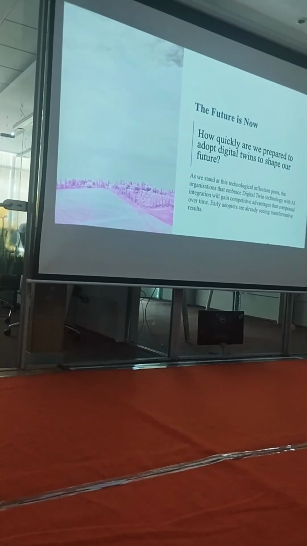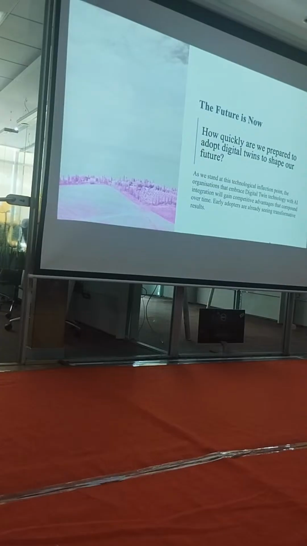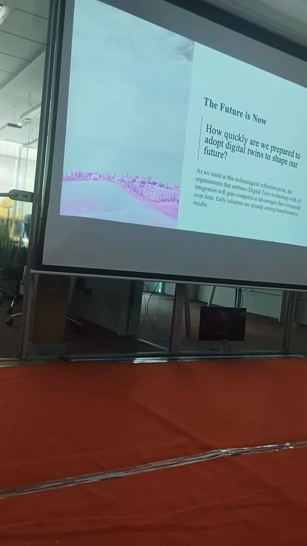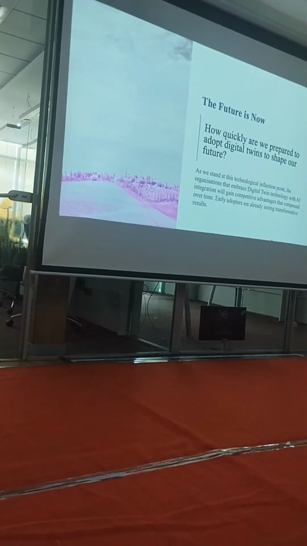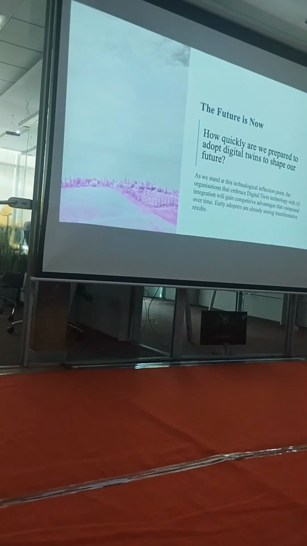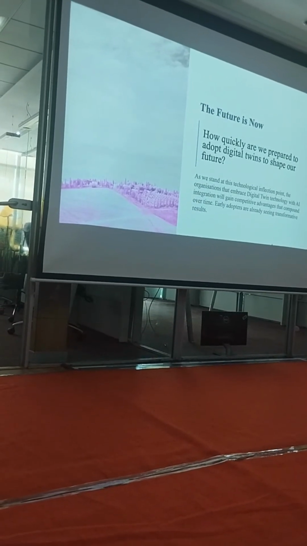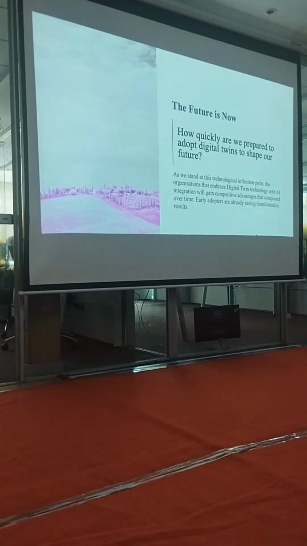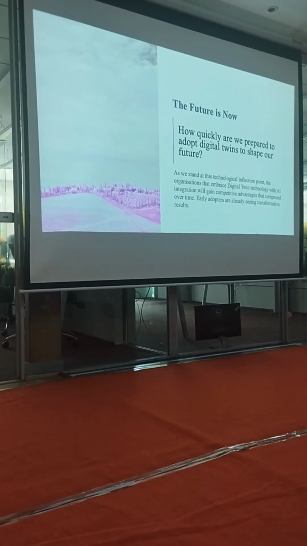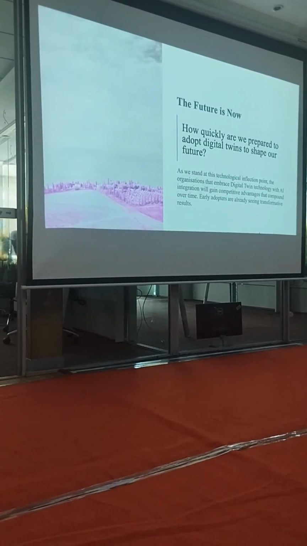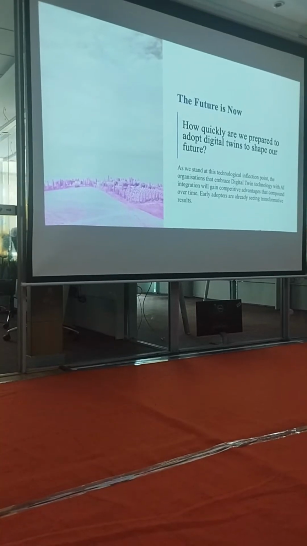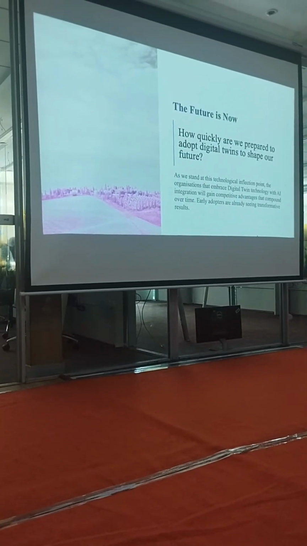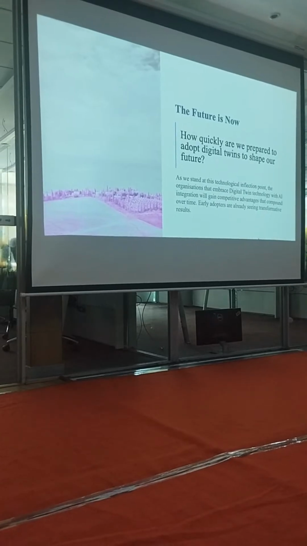Am I audible? Yes. Okay. Related to digital twin, in terms of manufacturing, we are already there. When I was working with Toyota, Toyota was already implementing this for predictive analysis. Currently they have one project where they use IoT devices and sensors.